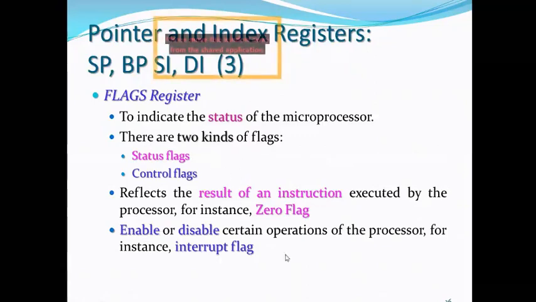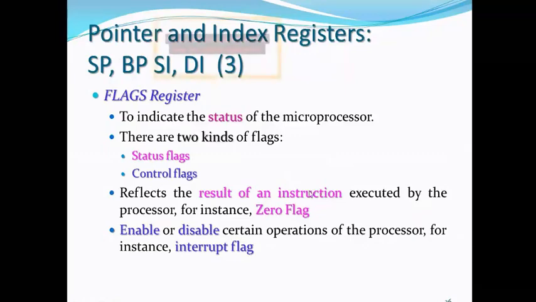Now, these two bullet points represent the function of the status flag and the function of the control flag. Let's start with the status flag. Status flags are basically involved with the result of an instruction.